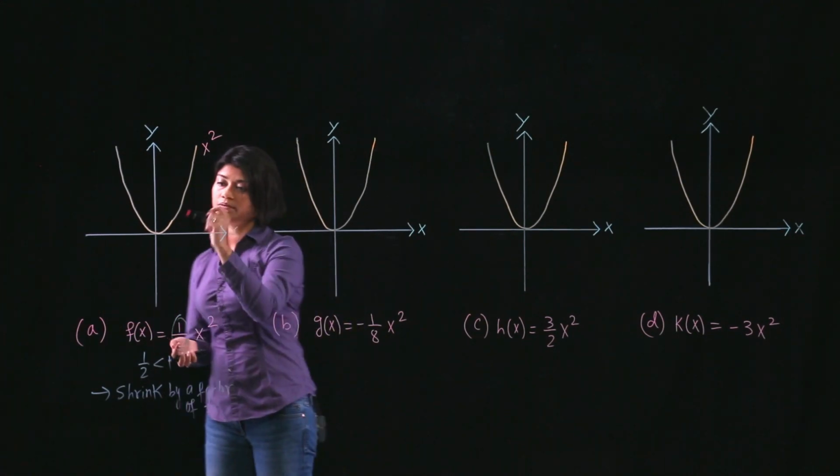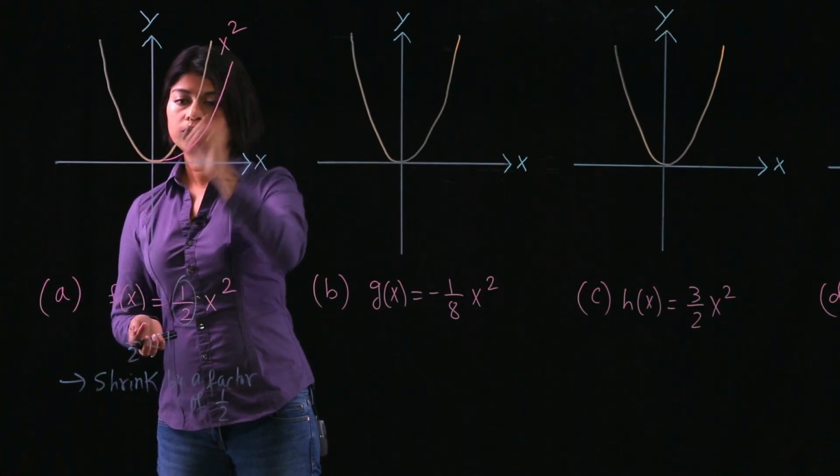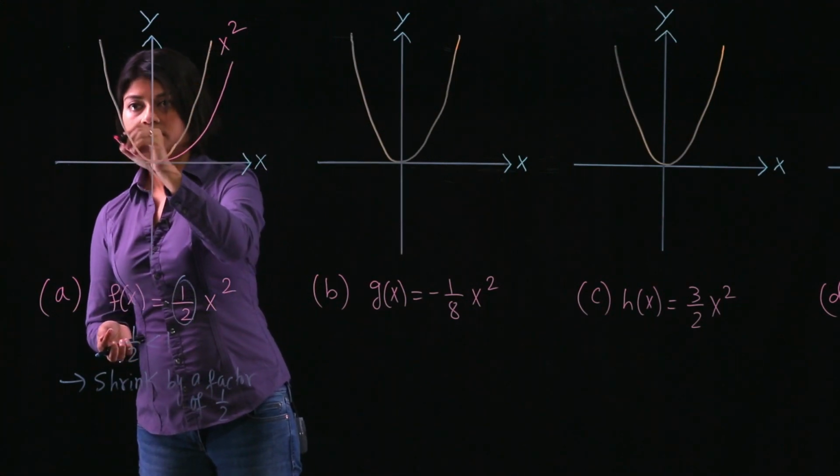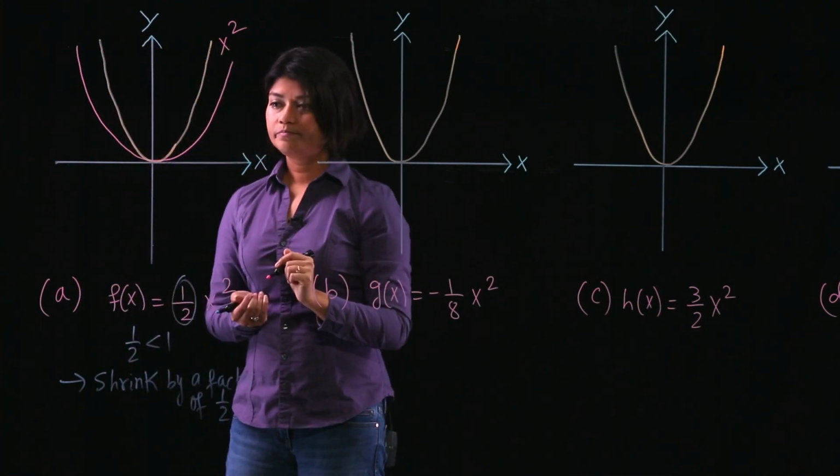So when you graph it, it will look roughly like this. So it shrinks.